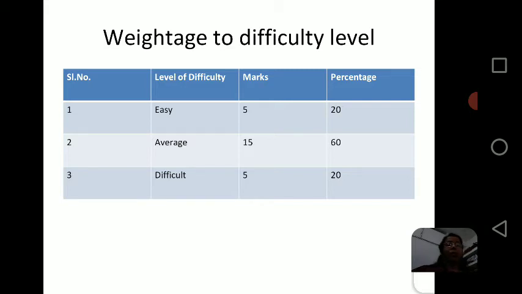And this anyway decides the number of questions or the weightage to difficulty level according to the learners under your custody or in your classroom.